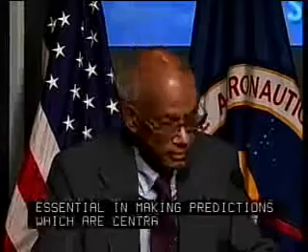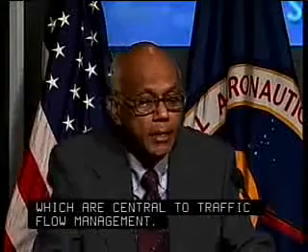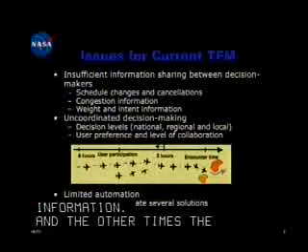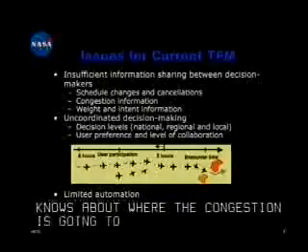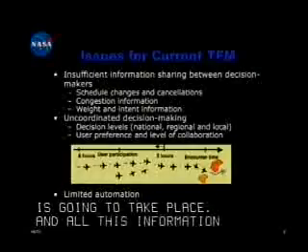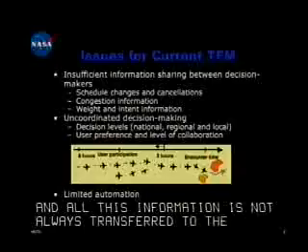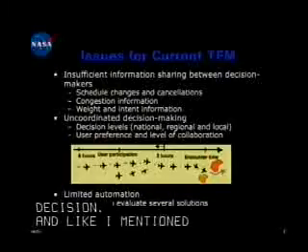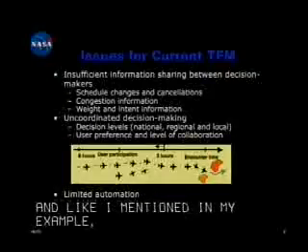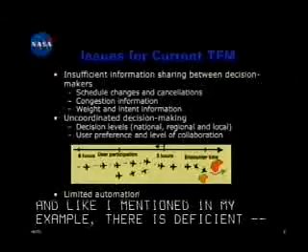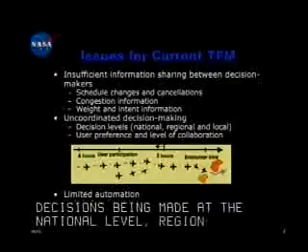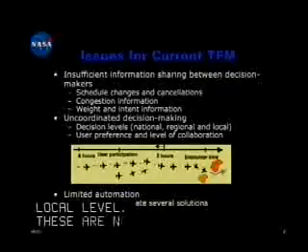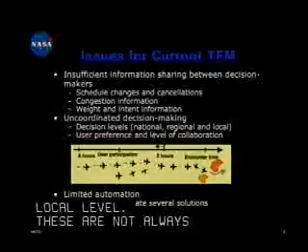So we don't have the correct information. And at other times, the FAA knows about where the congestion is going to take place, and all this information is not always transferred to the right parties to make the correct decisions. And like I mentioned in my example, there are decisions being made at the national level, regional level, local level. These are not always coordinated. And this might make some aircraft pay double or triple penalty.